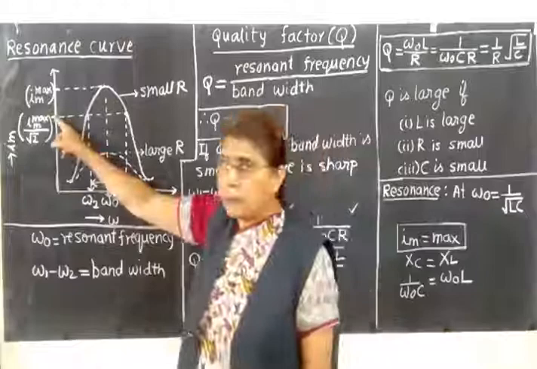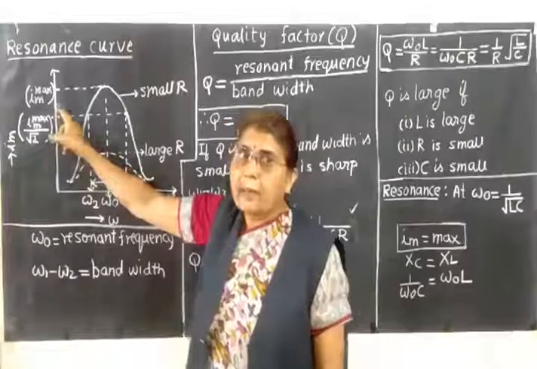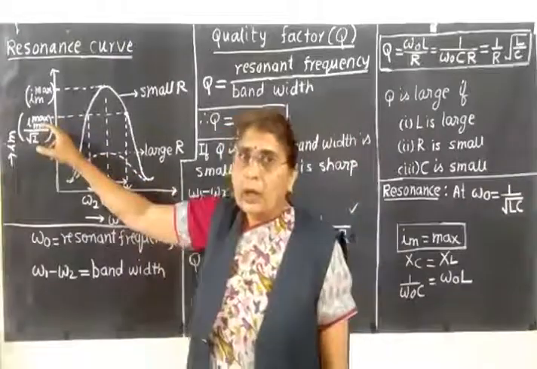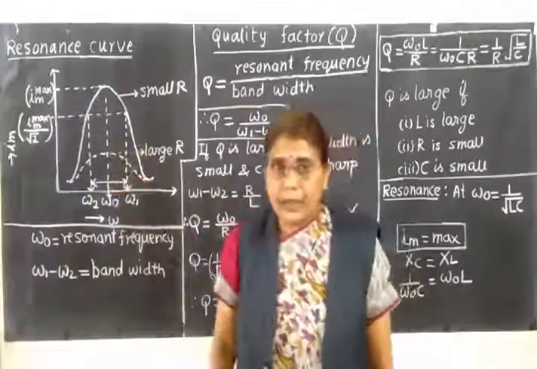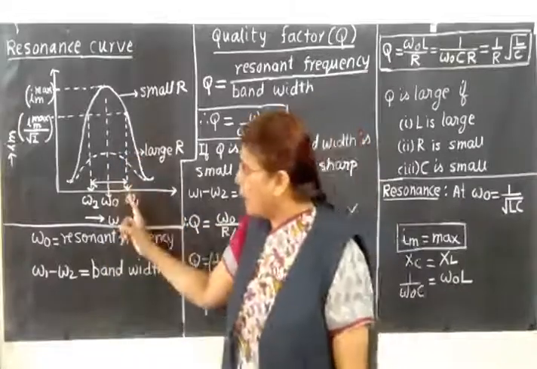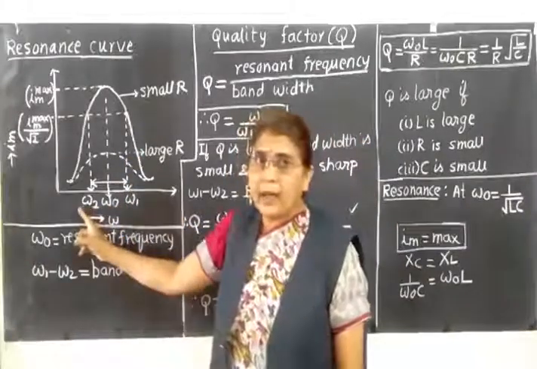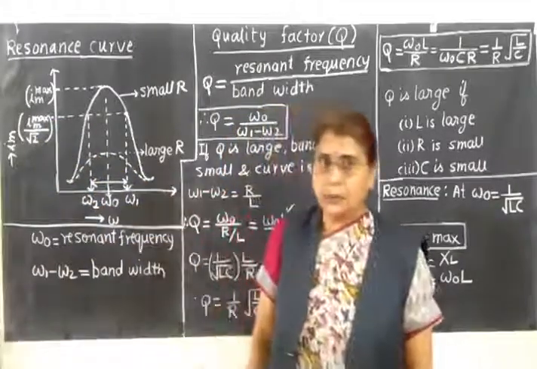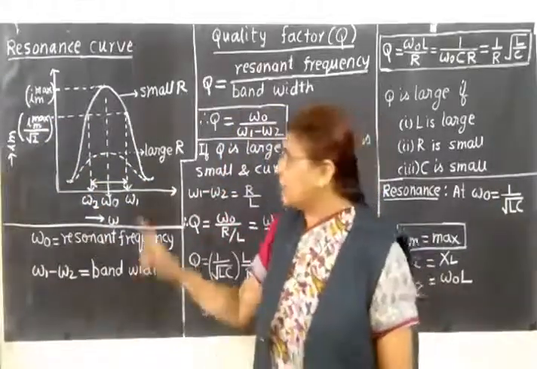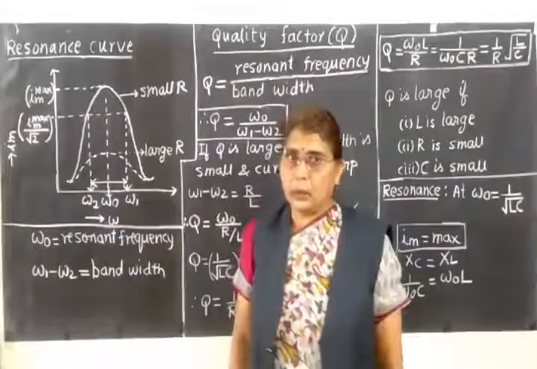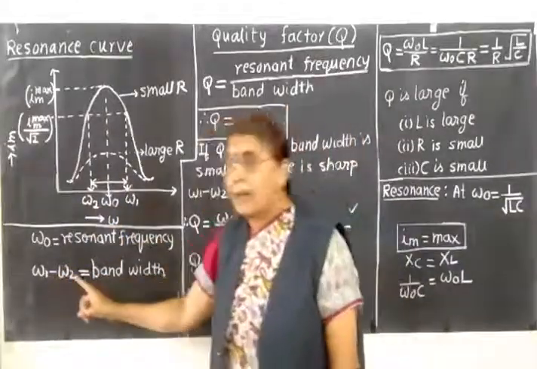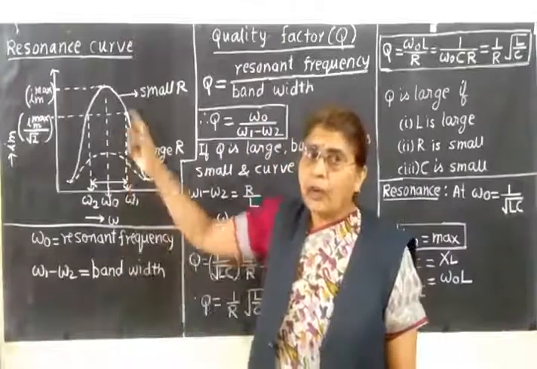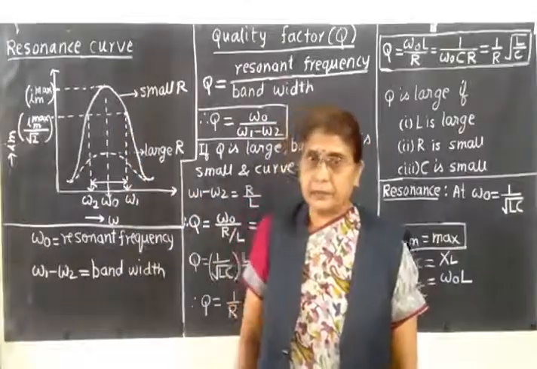Let us say this is the point corresponding to Im max divided by root 2. Now, corresponding to this value, how many values of angular frequency do you get? You will get 2 values of angular frequency, omega 1 and omega 2, corresponding to Im max upon root 2. We shall find out the difference between omega 1 and omega 2. That difference, omega 1 minus omega 2, is called the bandwidth of the resonance curve.